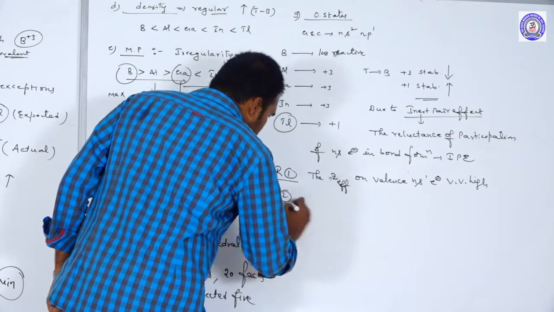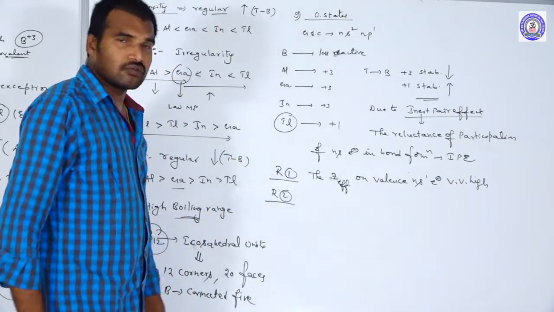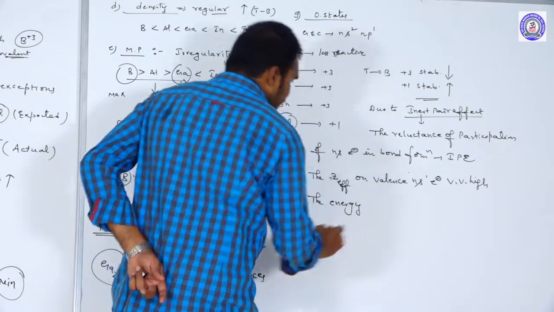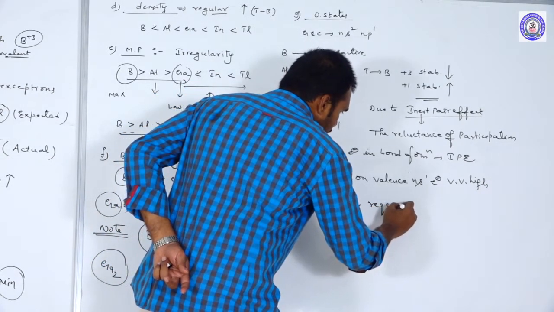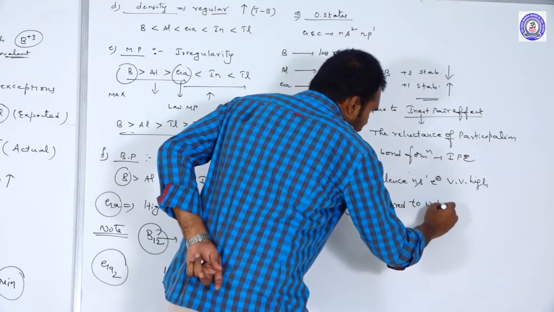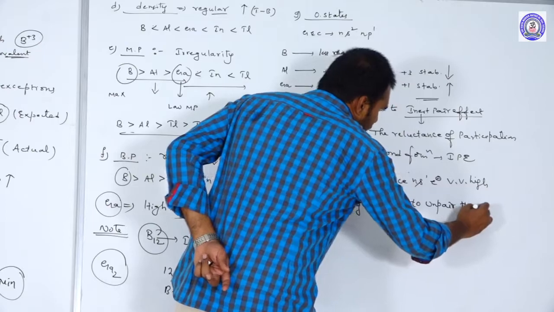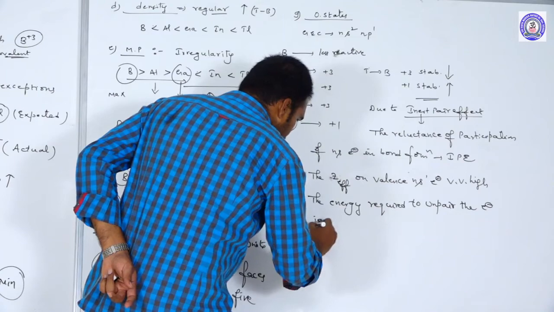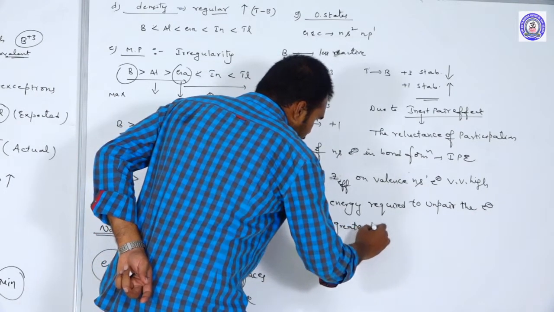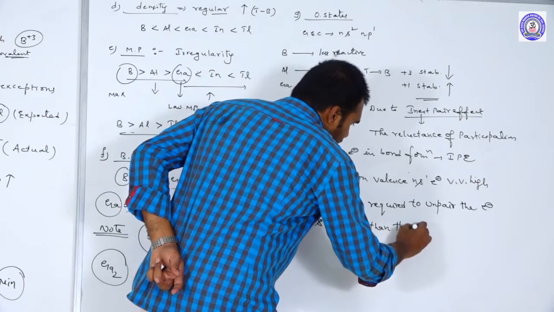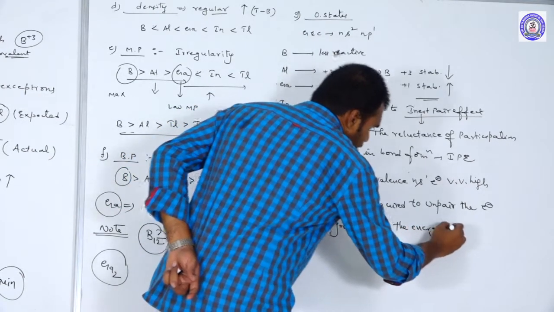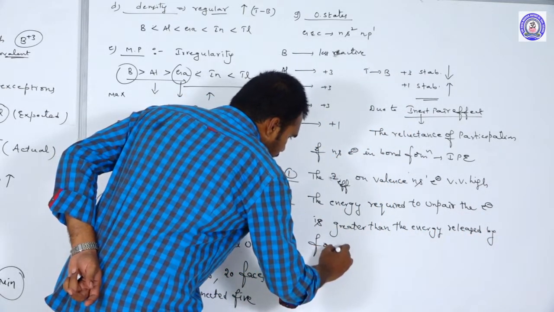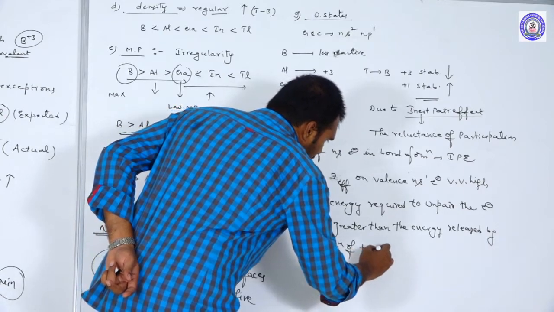And one more reason is a very important reason. So what is the one more reason? That is the energy required to unpair the electrons is greater than the energy released by formation of two additional bonds.